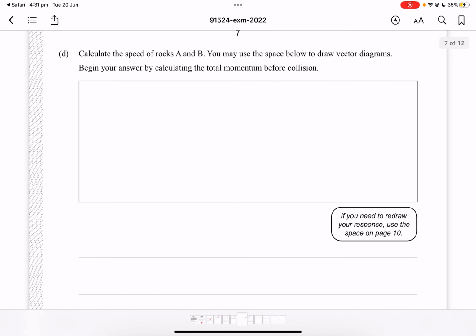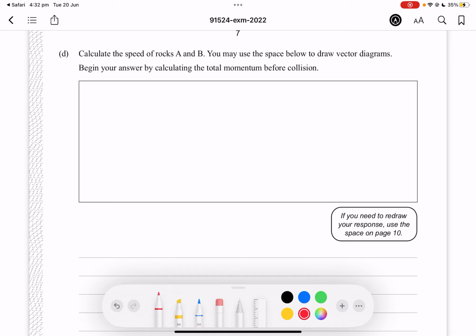Okay, so for question D, we calculate the speed of the rocks A and B and use the space below for vector diagrams. For this question, we're going to be looking at the initial momentums.